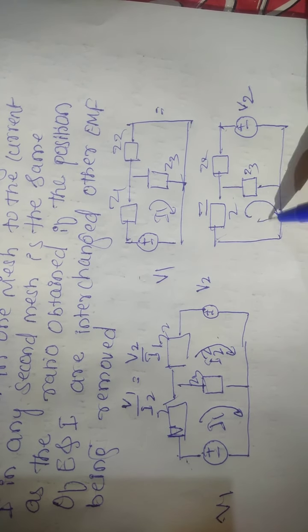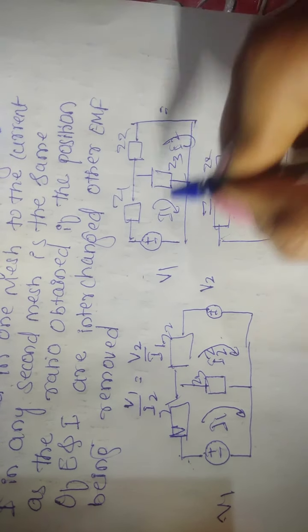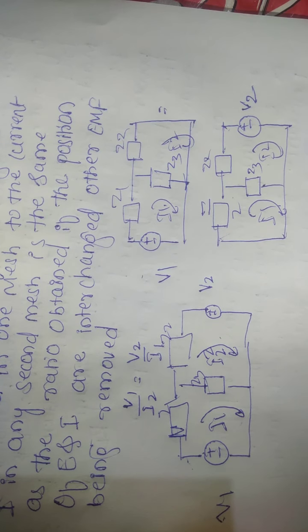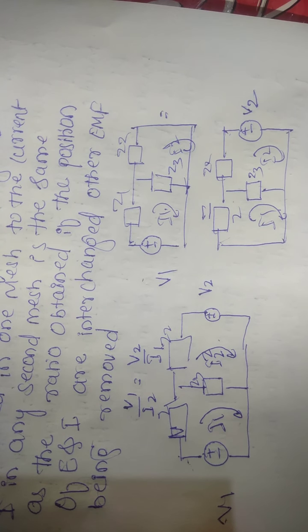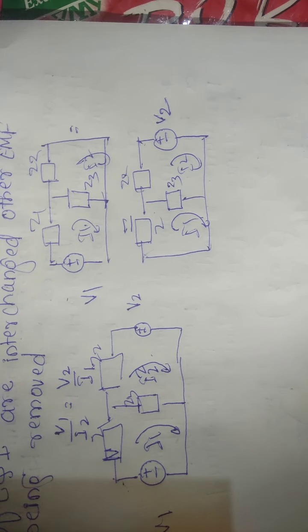It is V2, V1, I1, I2. This equals to this, and we can prove it by this statement.